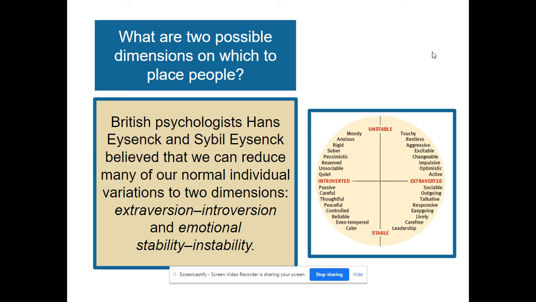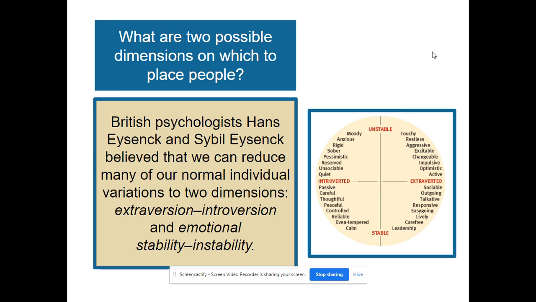So, as we take a look, we are going back to the introvert extrovert idea. I think we pretty much understand that. But then we're looking at quadrants that include what we call stable and unstable. This is what we call factor analysis. It is a statistical procedure that identifies clusters of items into components.